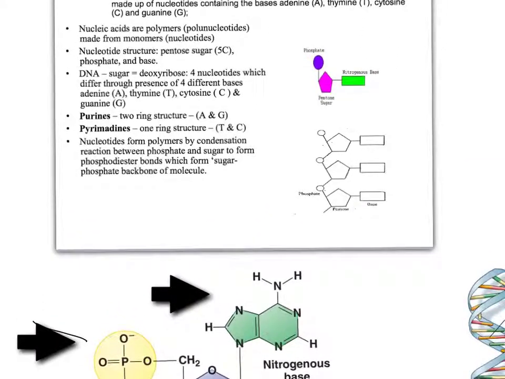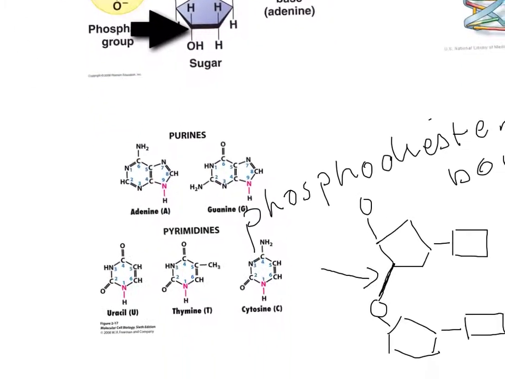The other thing, which I don't know is necessarily hugely important, is that the bases can be categorized into 2 types. One type is called a purine, structures which have 2 ring structures in them, whereas the pyrimidines, thymine and cytosine, have 1 ring structure.